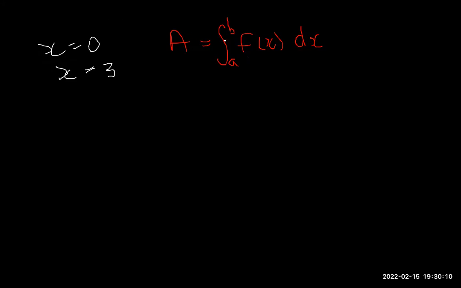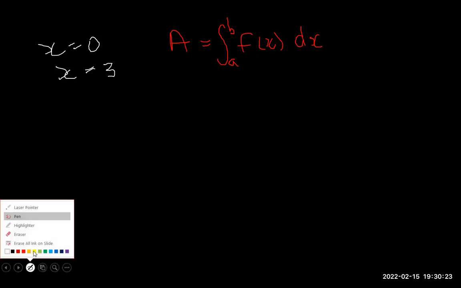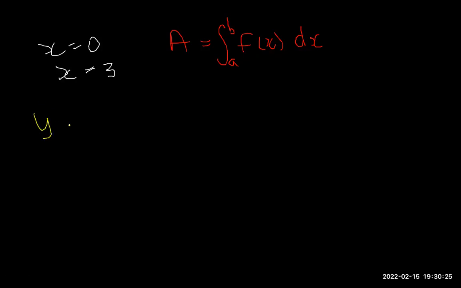Okay, this is the formula we're using. f of x is always the equation of the curve. So we know the upper limit b is 3, a is 0, and we now know the equation of the curve f of x. Just in case you didn't know, y is the same as f of x, right?